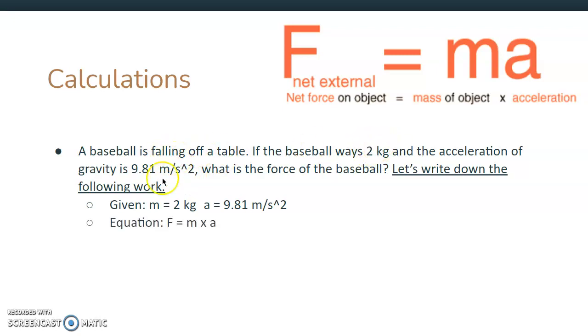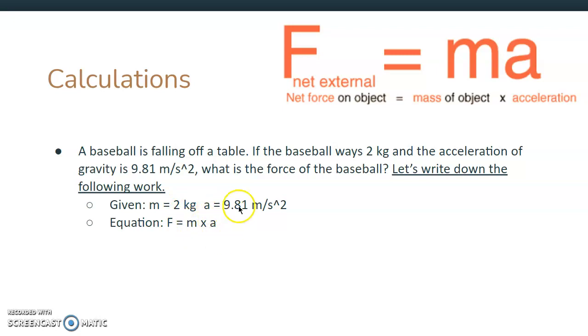The next thing we're going to write down is our equation that we're going to use. That's always important to write down the equation we want to use because it makes our next step really easy. So we're going to use F is equal to m times a. And now all we have to do is replace our letters with the numbers that we just decided. So if m is equal to 2, we're going to put 2 kilograms here.